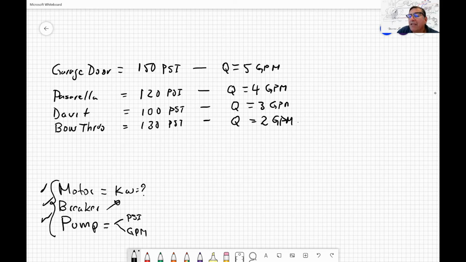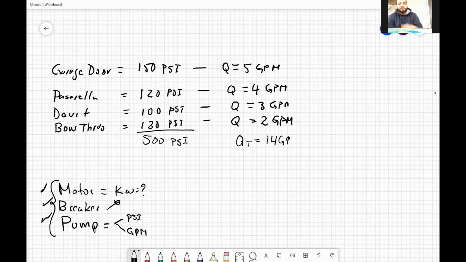How much is the capacity of the big pump that I need? Let me check. It's 150, 250, 350, 500. Okay, 500 PSI. And how much is the total flow? 14 gallons a minute. In the pressure, it's a good idea to select a pump bigger than 500 PSI. You need a little bit more. The recommendation is 500 plus 20%.